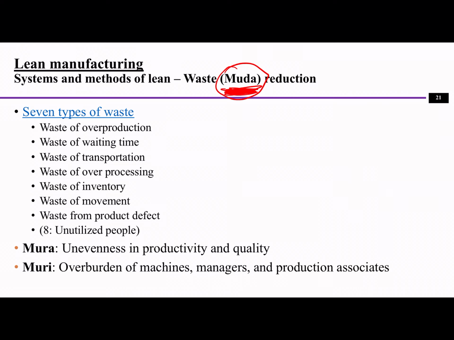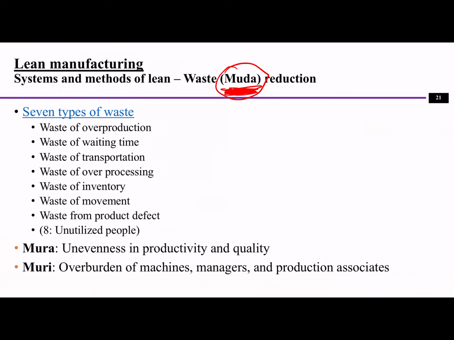Another type is the waste of transportation. Waste of transportation means if after one process you have to travel a long distance to another shop or another building, and then come back again, and then go to another building, this is a waste of transportation. You do not want to design things that way.